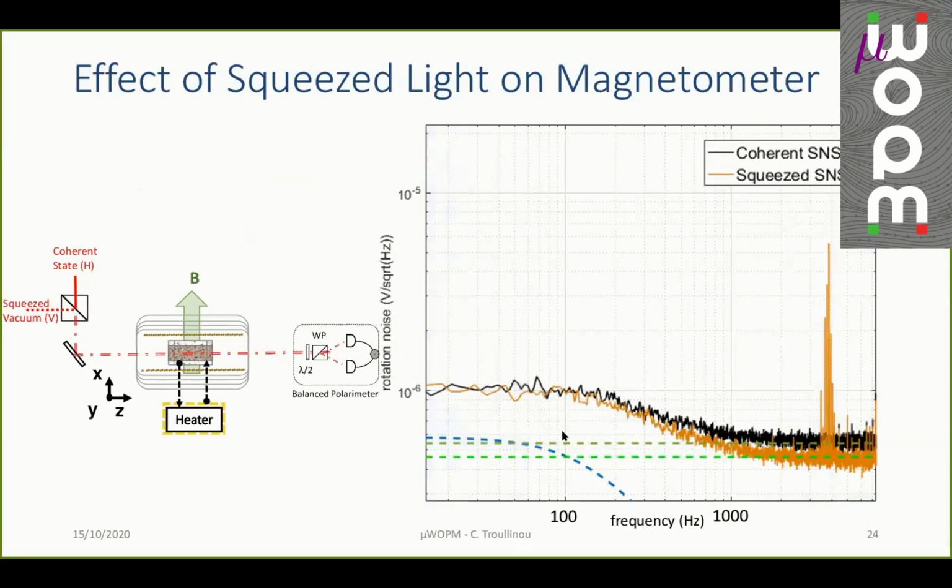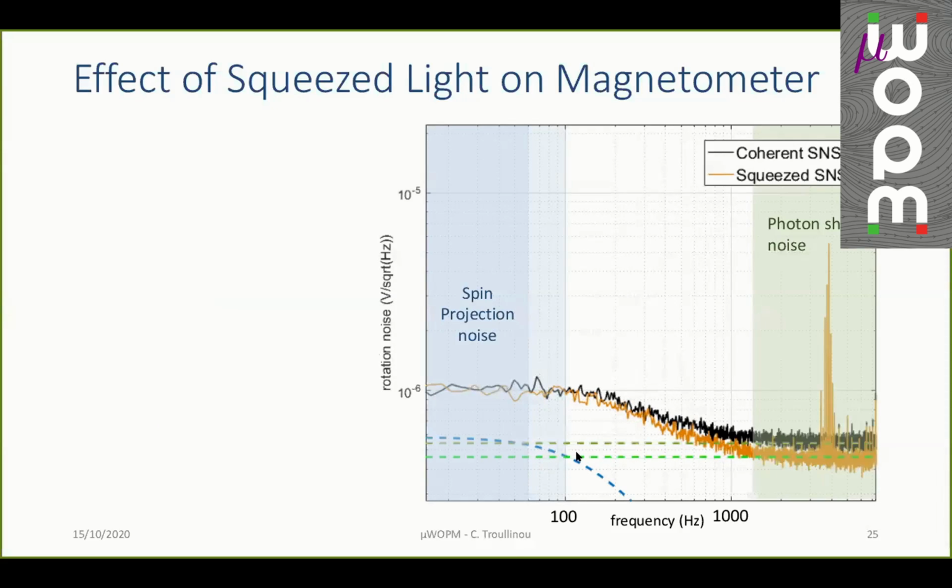Now, if we turn on the squeezer, what happens is exactly the lowering of the photon shot noise level. And you see that the crossing is happening also at a different point, at a later point. And this has an impact on the spin projection noise area and the photon shot noise as well.